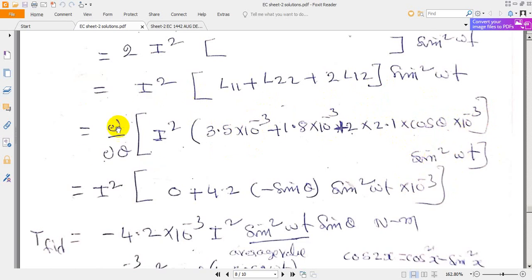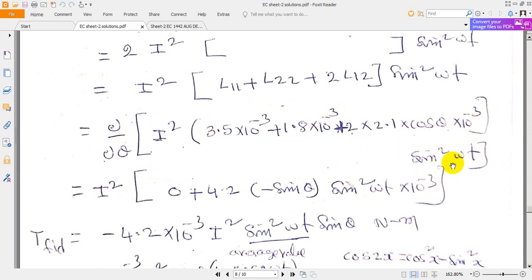Now we differentiate with respect to theta. I square is a constant, so we take it outside. The derivative of a constant is 0, and the derivative of this other constant is also 0. Then the derivative of 2 into 2.1 cos theta, which is 4.2 cos theta, is minus 4.2 sin theta, and sin square omega t is constant.